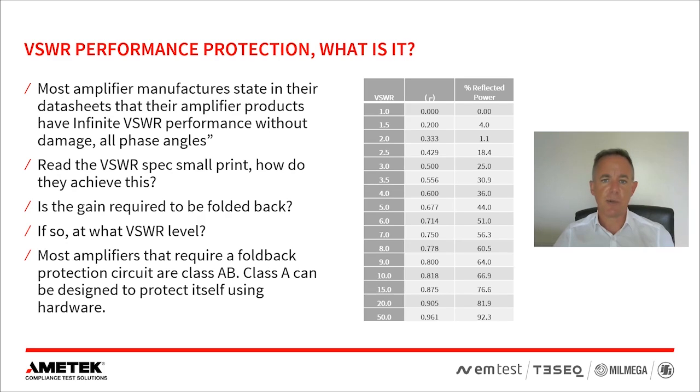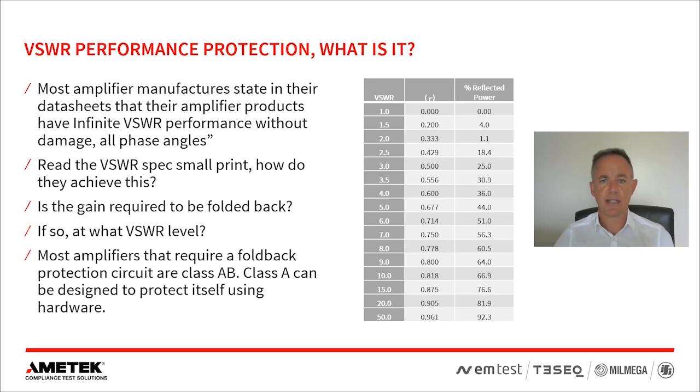Is the gain required to fold back? If so, at what level or at what VSWR level? Then you need to ask yourself, does this meet your application's requirements? As an example, if you had, let's say, a delamination process application that requires the amplifier to drive into a poor load, providing constant power without suffering any foldback or loss of power, then a Class A amplifier product would be required.